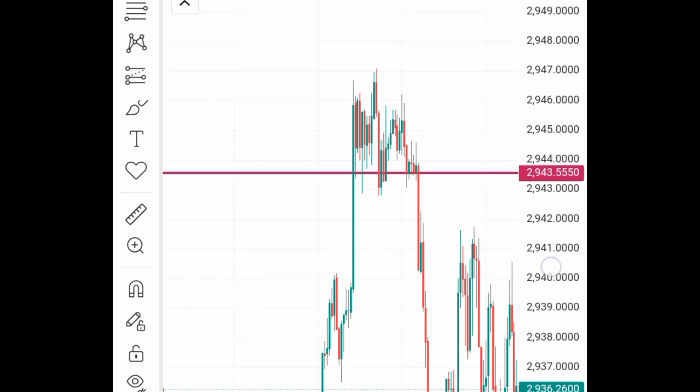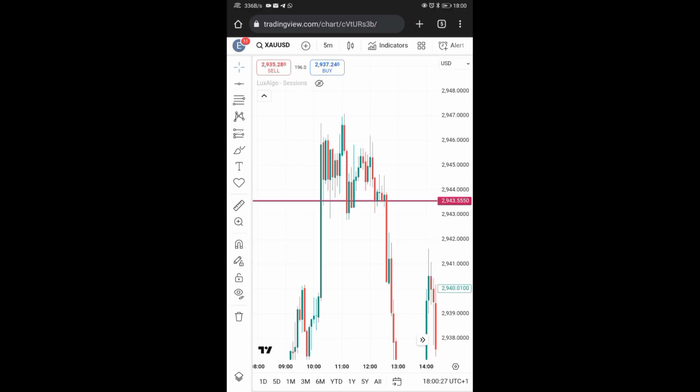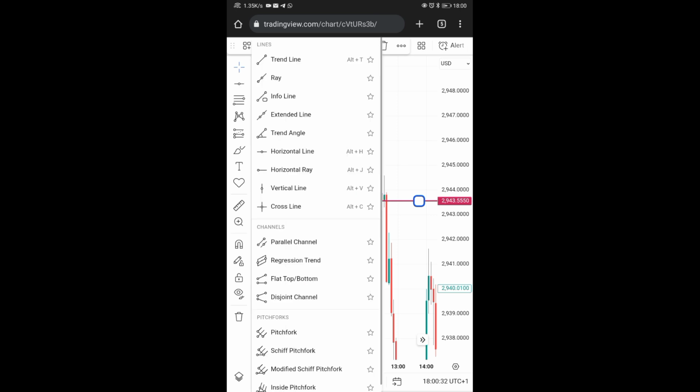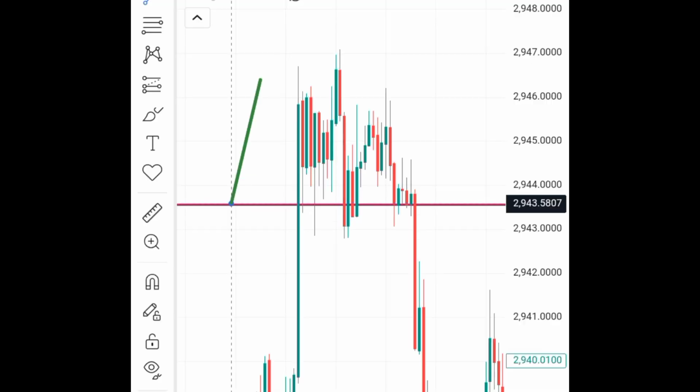Like I said, once the market comes and closes above this previous day line that I marked, it is for us to look for our break of structure, a shift in market structure in a smaller time frame like our M5, and we take our trade to the downside. But we are going to use London session. If it is not London session, we are not going to take this trade.